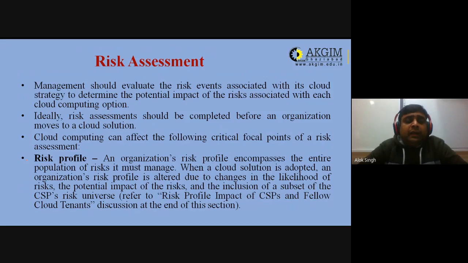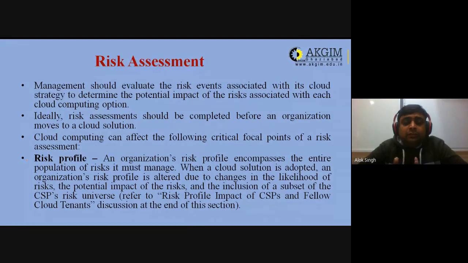You should create a profile for risk. An organization's risk profile encompasses the entire population of risk it must manage. When a cloud solution is adopted, an organization's risk profile is altered due to changes in the likelihood of risk, meaning what the frequency of risk is, and the potential impact of risk.